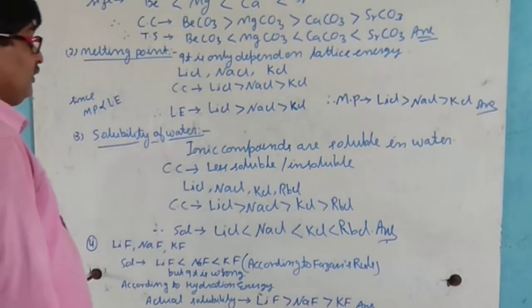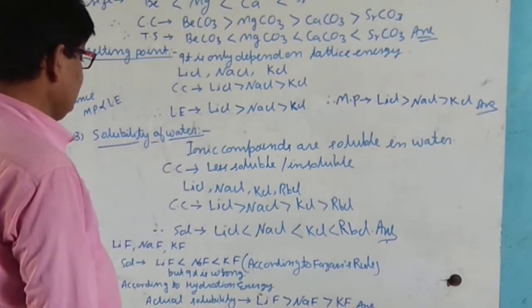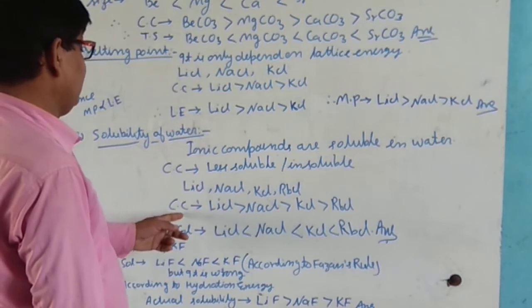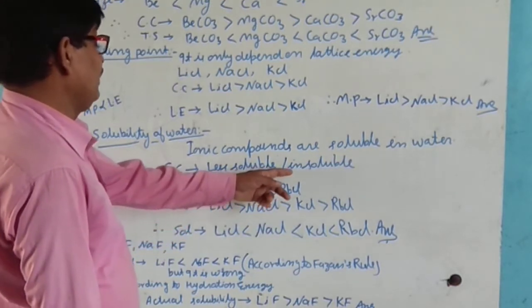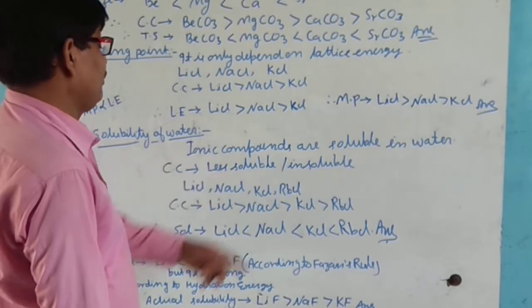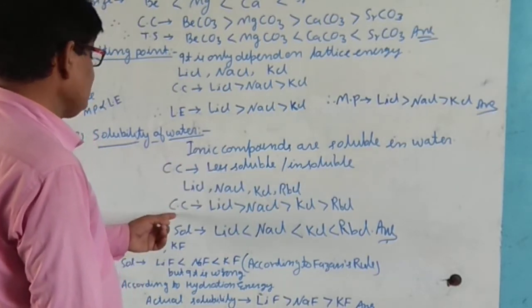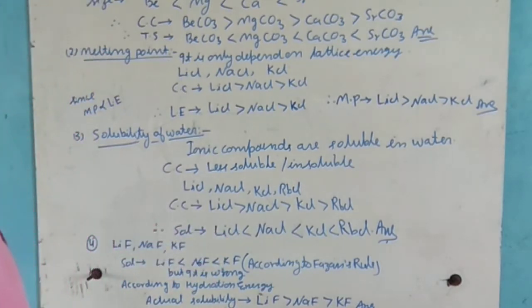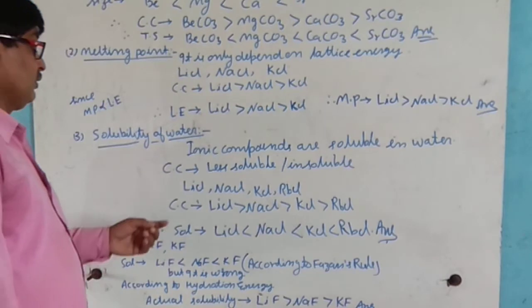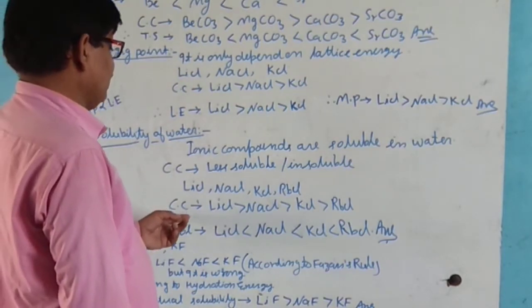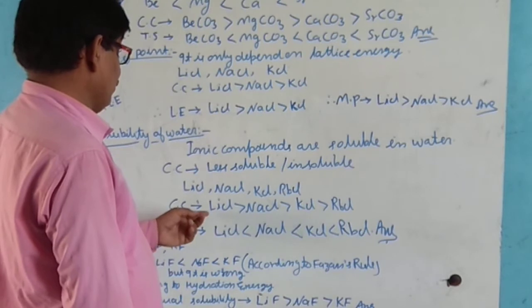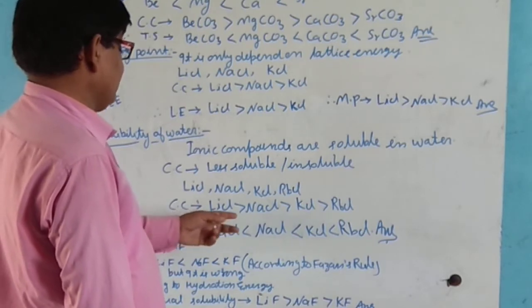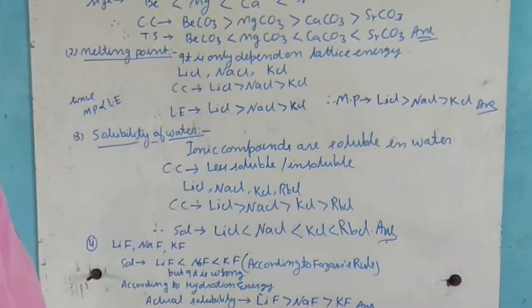So the solubility of lithium chloride is less than sodium chloride, less than potassium chloride, and less than rubidium chloride, because according to covalent character, lithium chloride is greater than sodium chloride, and so on.